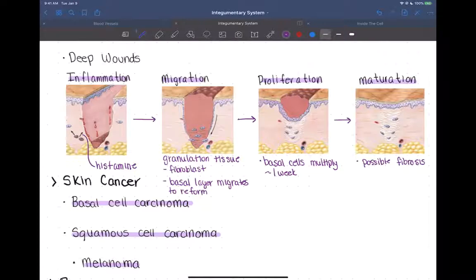One possibility with tissue repair of the skin in particular is the formation of a keloid type of scar, all right? And so this is where the tissue, when it repairs, it overgrows, and it results in a raised scar.